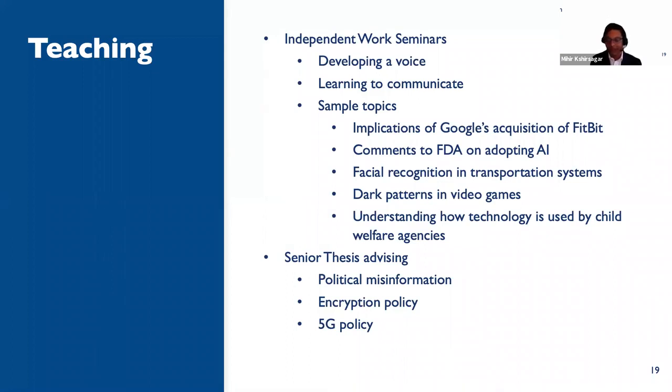One of the most productive things I've done is to work on multiple drafts with students. I insist on getting early drafts and commenting and having them really refine their writing, because writing is a critical part of any policymaking environment, and it's important for them to learn to communicate. The other part is to learn to communicate to people through presentations and the like.